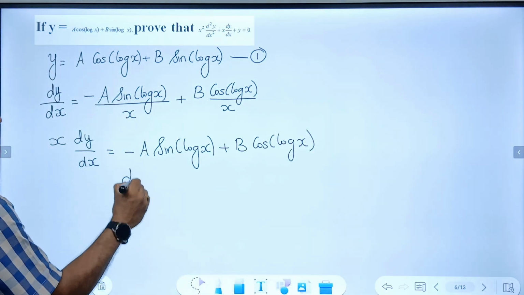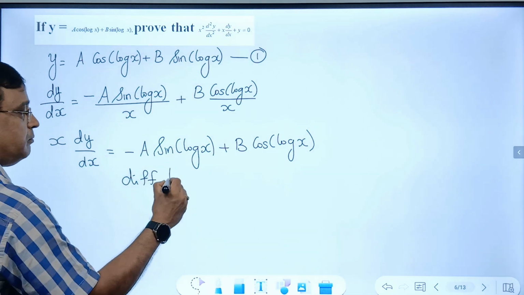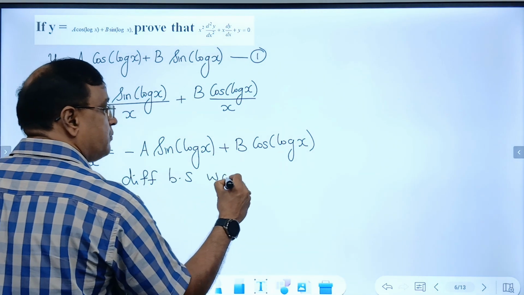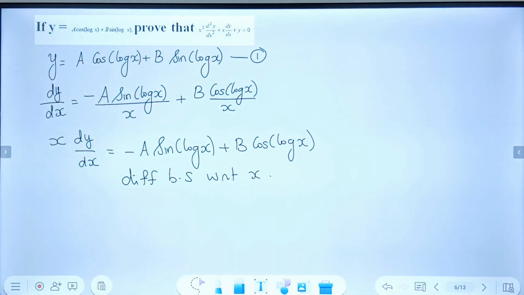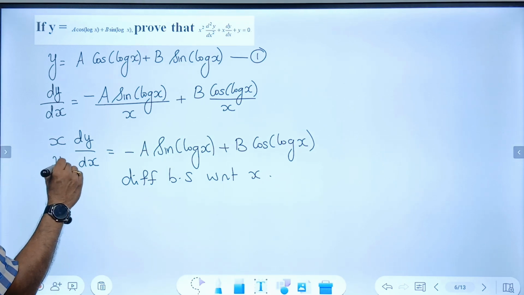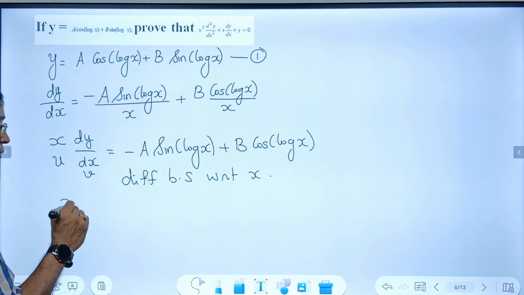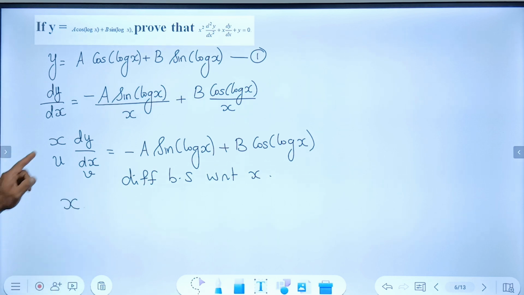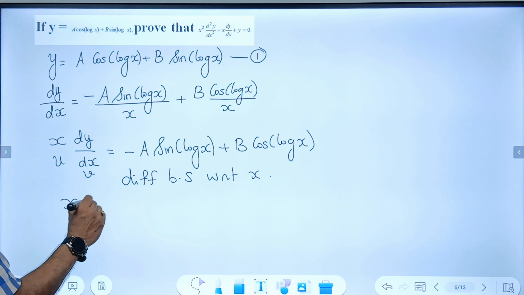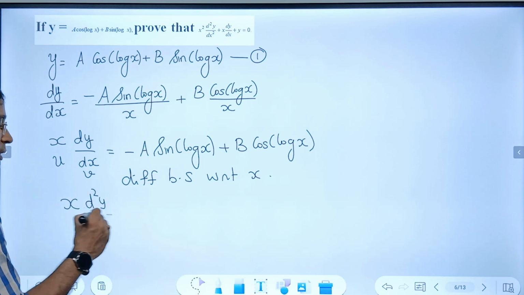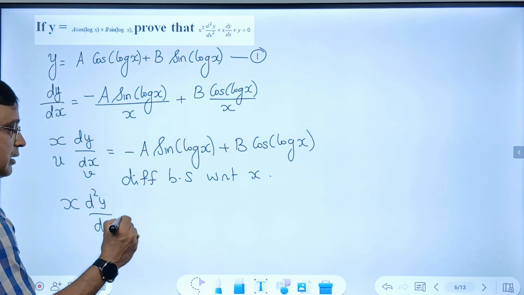Now again I will differentiate both sides with respect to x. Now how do I differentiate x into dy by dx? I have to use the product rule. This is u and this is v. So what is the product rule? u into the differentiation of dy by dx, it will be d square y by dx square, plus v.